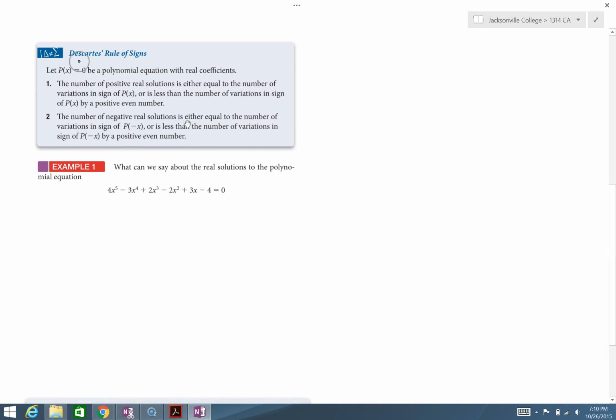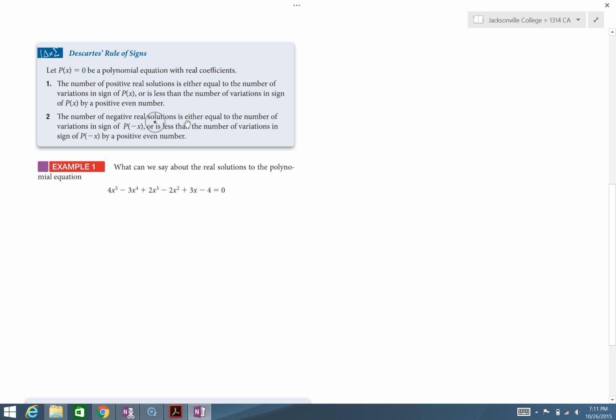Next, Descartes' rule of signs. Let p of x be a polynomial equation with real coefficients. So we have some polynomial set equal to 0, and it has real coefficients. 1. The number of positive real solutions is either equal to the number of variations in the sign of p of x, or is less than the number of variations in the sign of p of x by a positive even number.